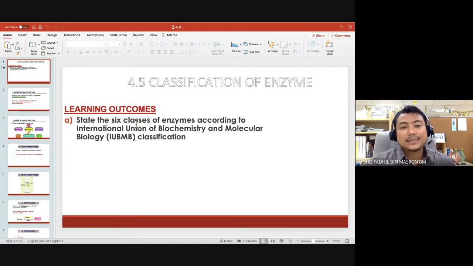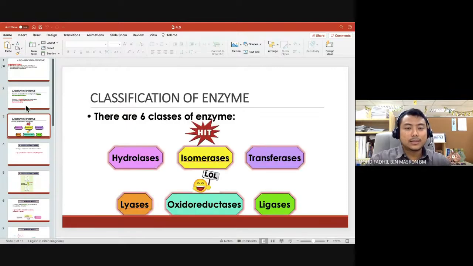So there are 6 classes of enzymes according to the IUBMB. IUBMB ni apa dia? International Union of Biochemistry and Molecular Biology Classification. Maknanya according to this union, mana badan antarabangsa ni, they agree there are only 6 classes of enzymes.